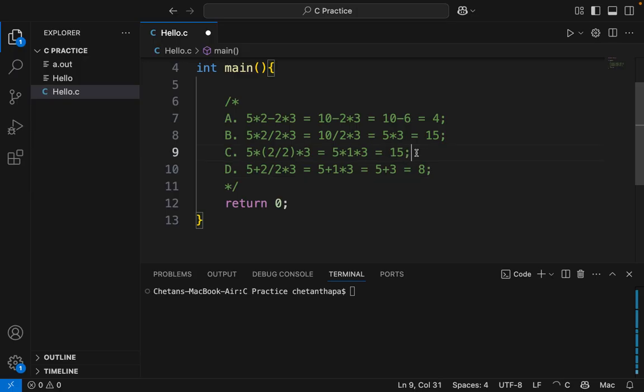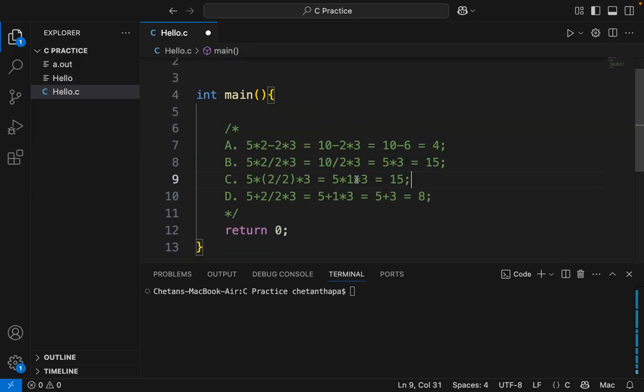Let's check whether our calculation is right or not. 5 into 2 minus 5 plus 10 minus into 3. 10 minus 3 plus 6, 10 minus 6, 4. Okay, 4 is correct. 5 divided by 10 divided by 2 into 3, 5 into 3, 15.